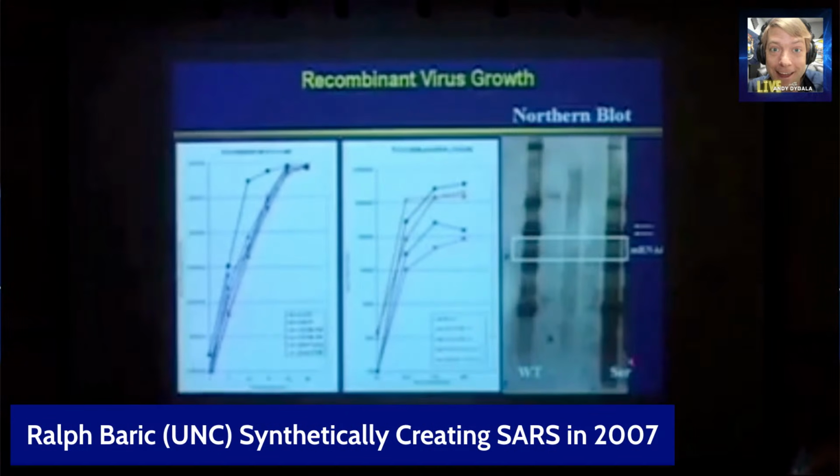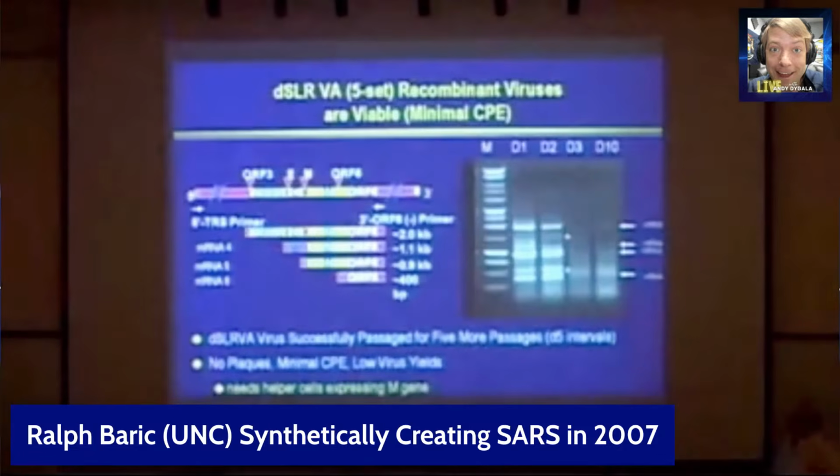However, both the serine and the SLR mutant knocked out messenger RNA 6 expression, which you can see right here. These actually were the messages that encode the genes that we deoptimized. And so we actually found some evidence of long-range RNA-RNA interactions that are regulatory elements that we're trying to decipher. The 5-set deoptimized strains showed no CPE in culture.